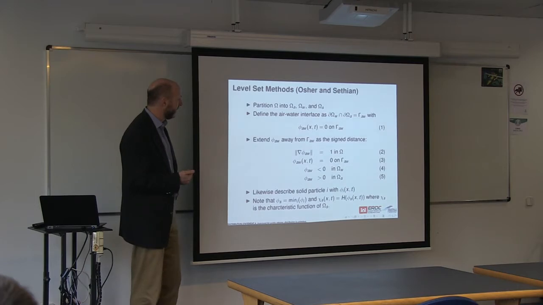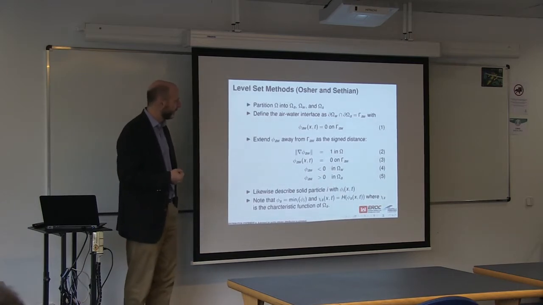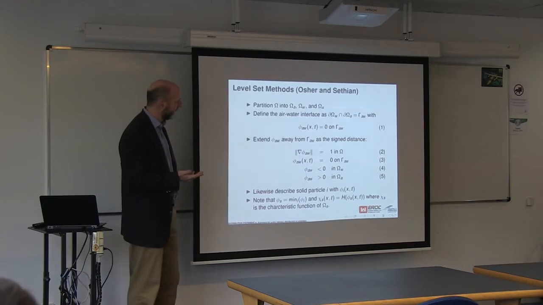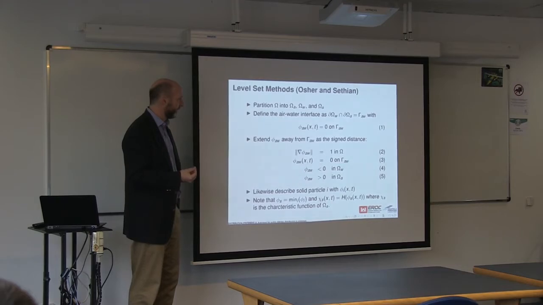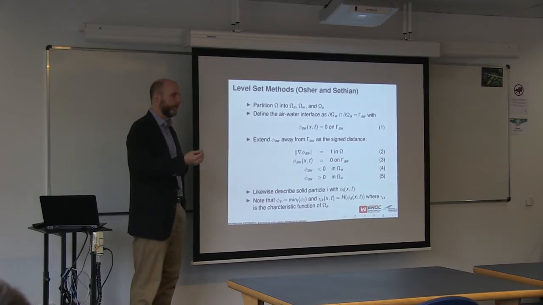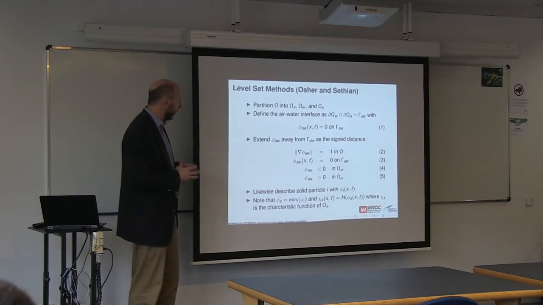Then we extend phi away from gamma using the convention that it'd be a signed distance function. So our convention is that if it's negative, you're in the water phase. If it's positive, you're in the air phase. And then the value of that scalar function is the distance to the interface. And so that's enforced by this equation 2, which is the eikonal equation. We also describe the solid particles in the same way. And then there's some tricks that you can do with level sets.